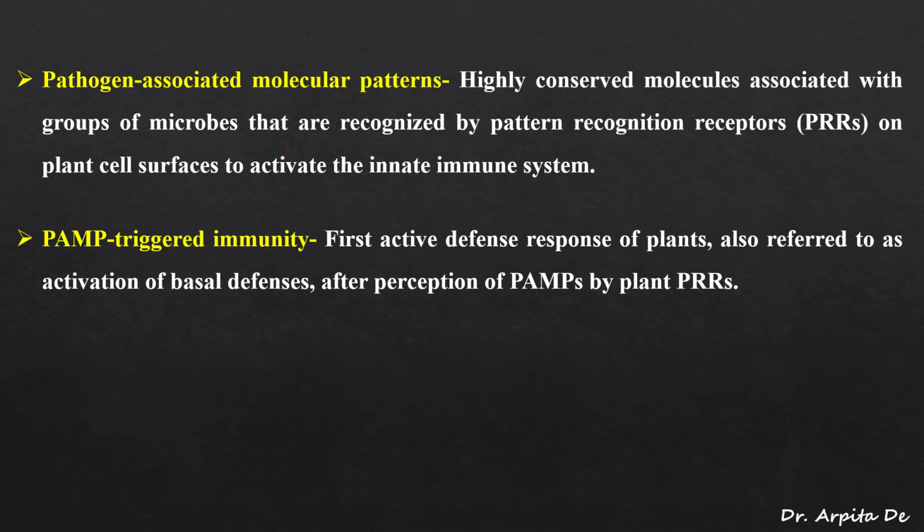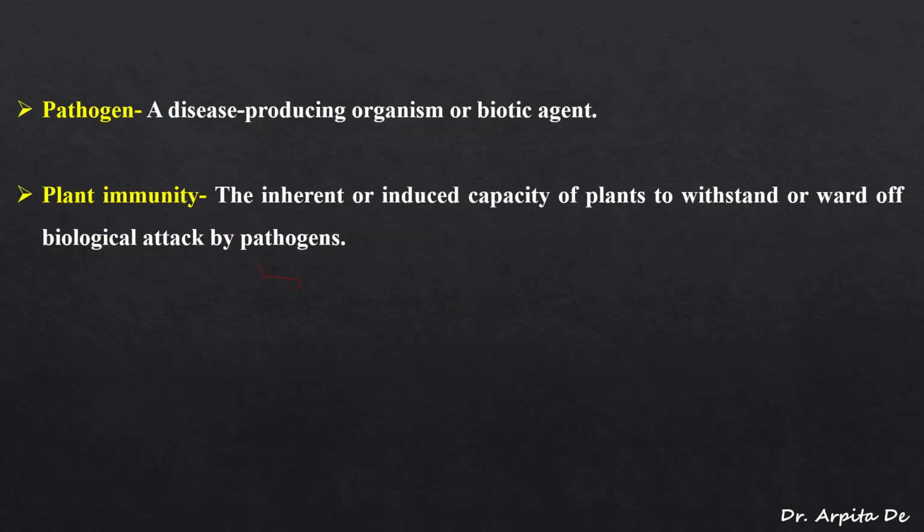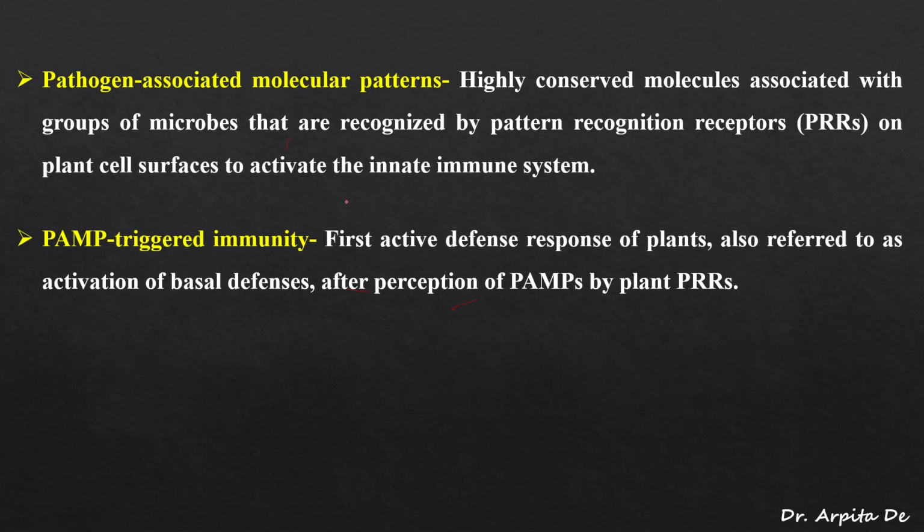Pathogen associated molecular patterns. You should know this is a very important term which you will encounter in several plant pathology chapters, and you must know what this is. We call this PAMP, pathogen associated molecular patterns.